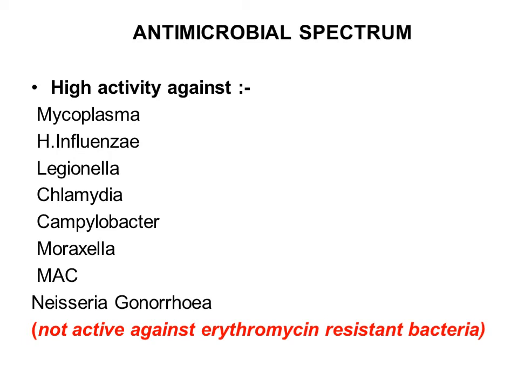So these organisms you have seen as a part of the spectrum of erythromycin also. However, the activity of azithromycin against these microbes is higher than that of erythromycin. The one thing that you have to remember is that azithromycin is not active against erythromycin resistant bacteria.